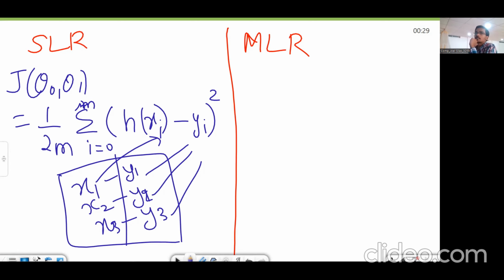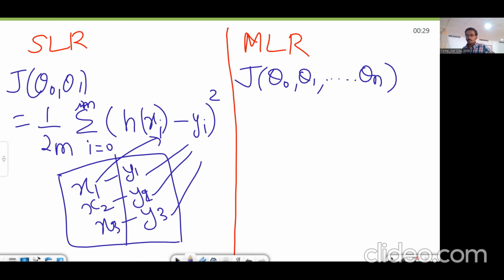But in multiple linear regression, our cost function is a function of all the parameters, and hence we need to perform the optimization for all these parameters.